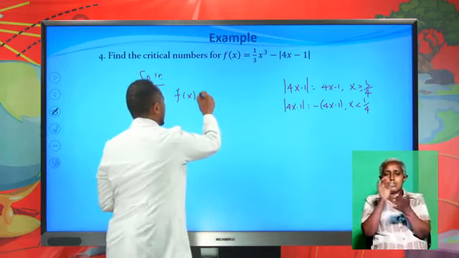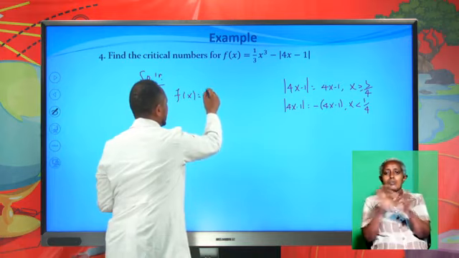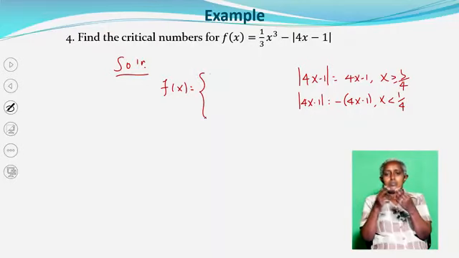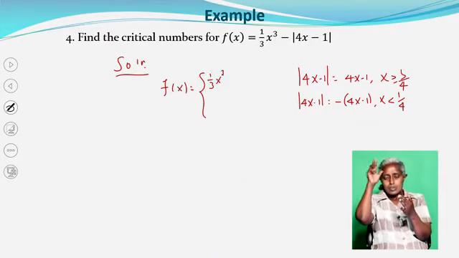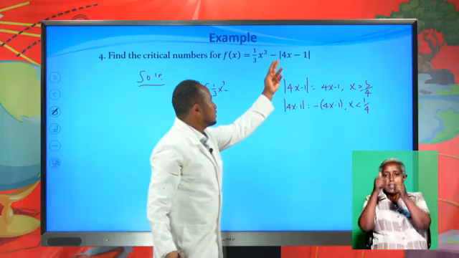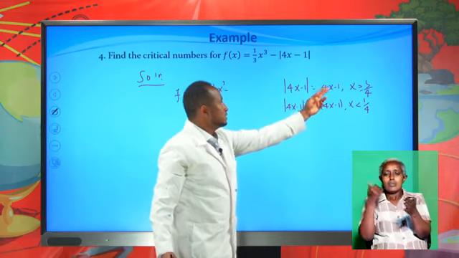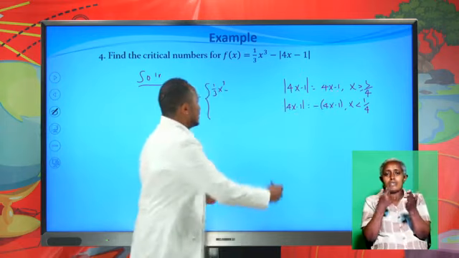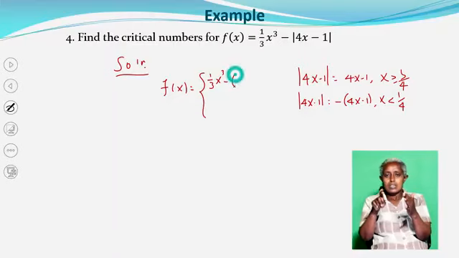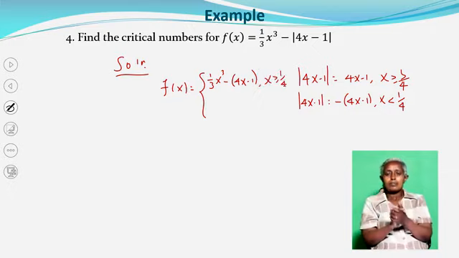f of x is a piecewise function. It is 1 over 3 x cubed minus 4x minus 1, the absolute value being itself, for x greater than or equal to 1 over 4.